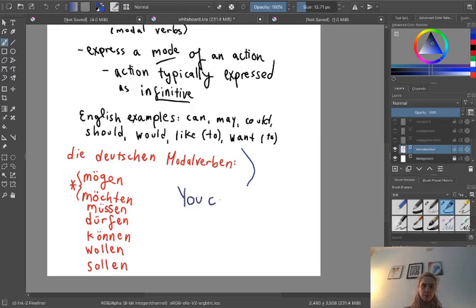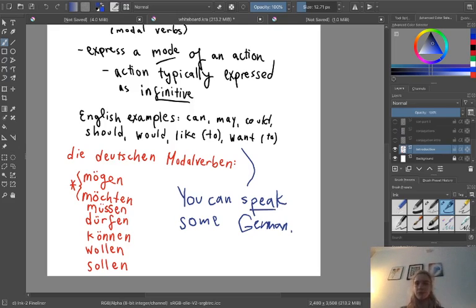You can speak some German. So can here would be our modal verb, and speak is our infinitive.